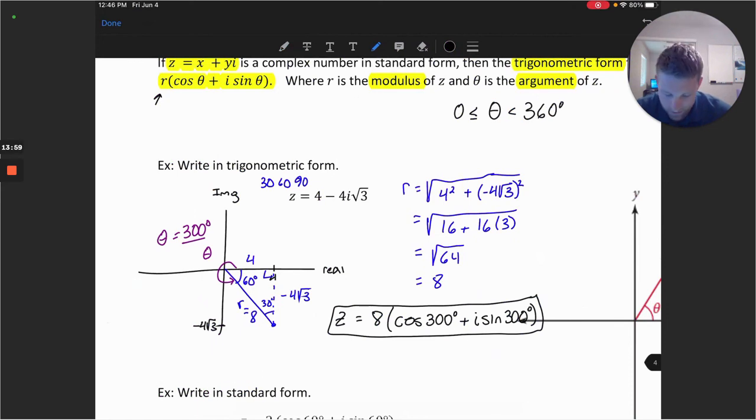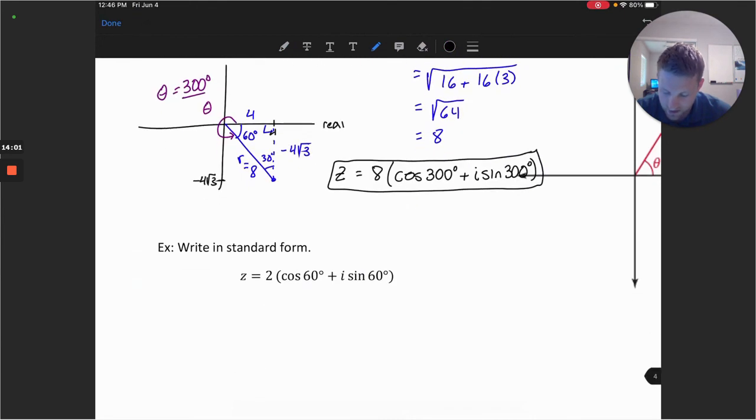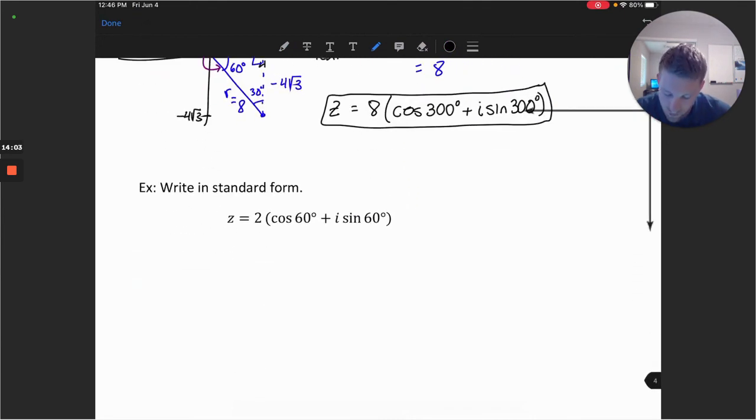Let's take a look at the last problem here. We are in trigonometric form, and we'd like to write this in standard form. So let's draw this complex number with this trigonometric graph.